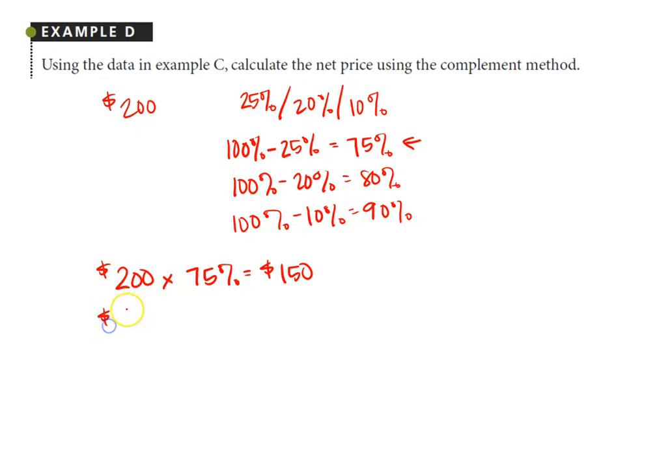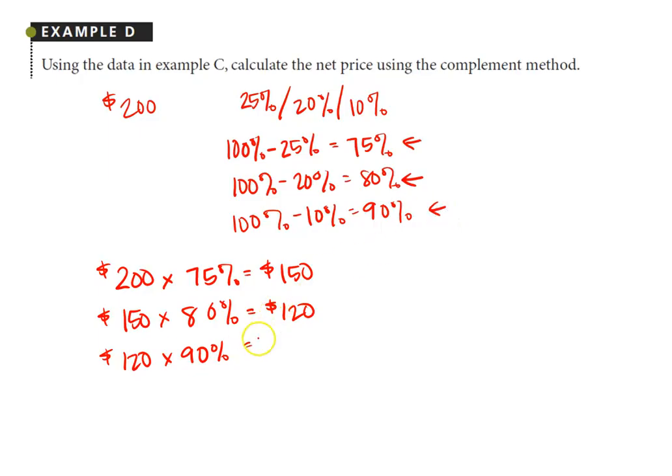Next, I'll take that new net price of $150 and multiply that by the second complement. So $150 times 80% gives me $120. And finally, I'm going to take that adjusted net price of $120 multiplied by 90%, and that's going to give me $108 as my final net price.